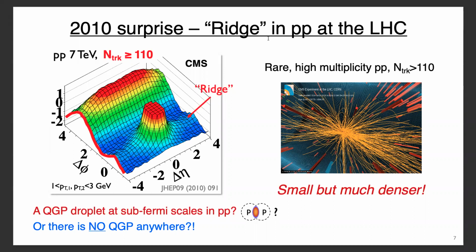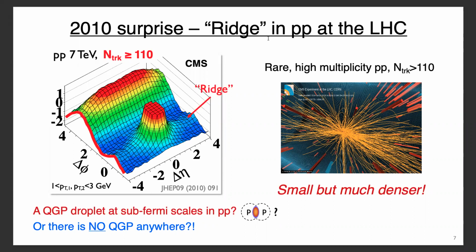There's a small ridge here that we see not in normal proton-proton collisions, but in events where in a single collision you produce a couple of hundred particles. Those are rare events, but they can happen once you have a very high intensity collider. You can produce those events still in an abundant way.